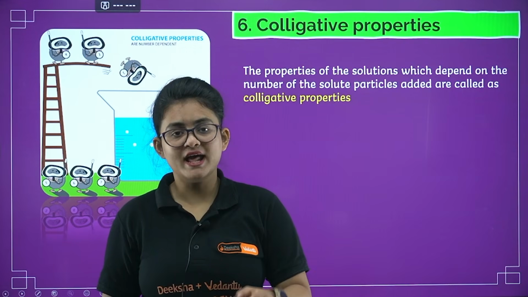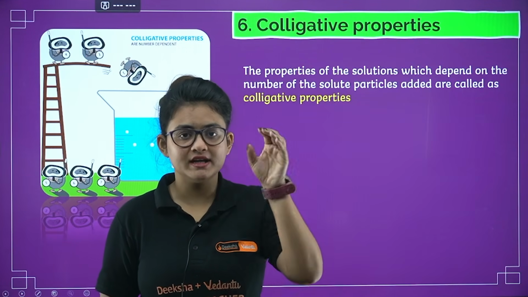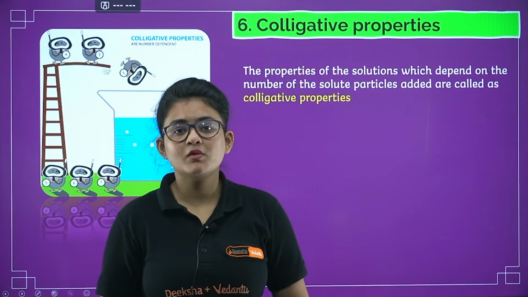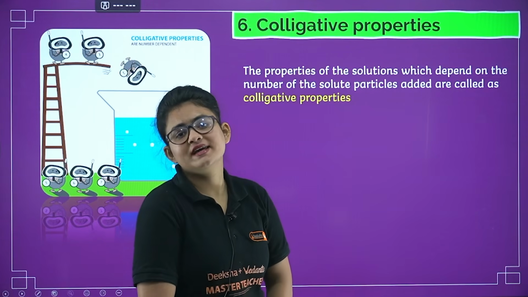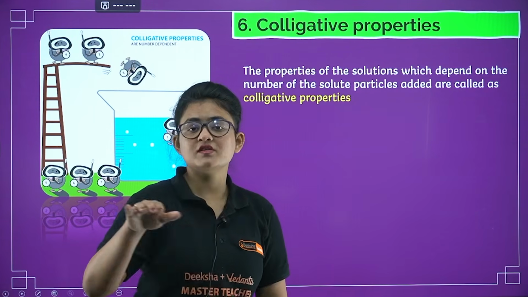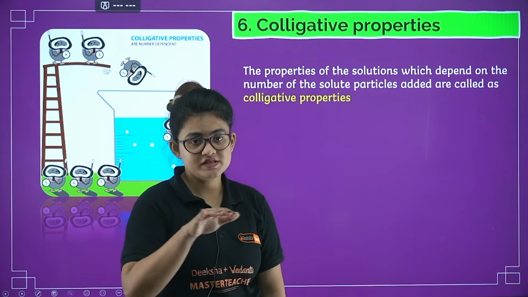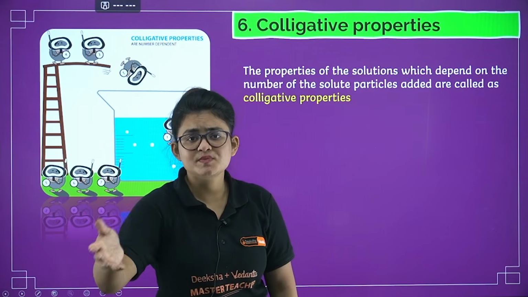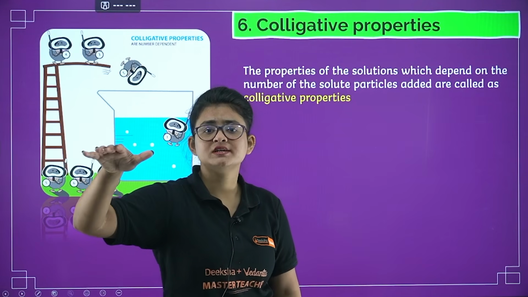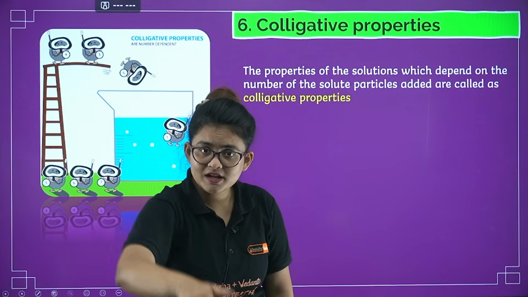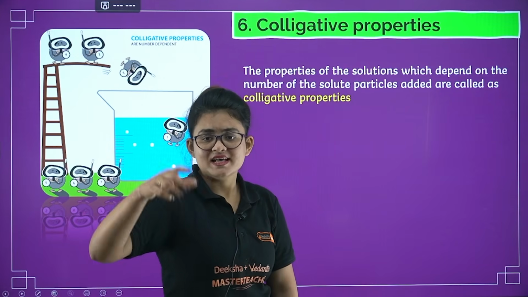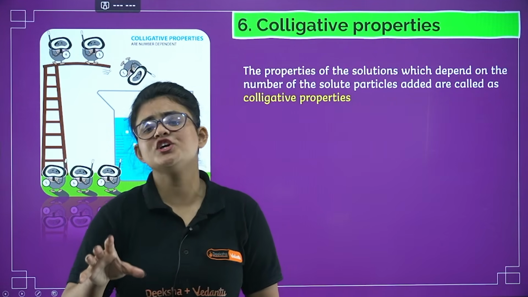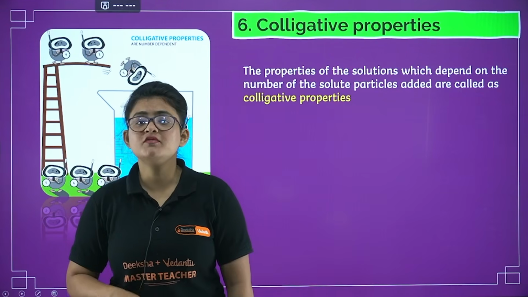But whenever you add some non-volatile solute, it gets accumulated on the surface of the volatile solvent. It blocks the surface area from where the evaporation takes place, from the surface. Now the surface is blocked, so vapor pressure will be reduced, right? As a result, the properties exhibited by that particular solution are called colligative properties.